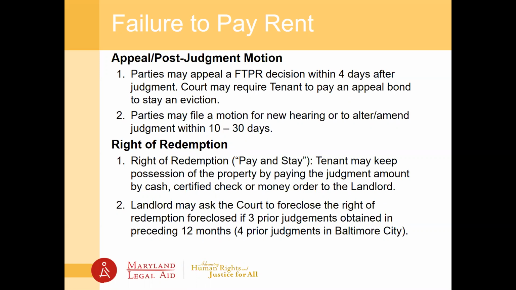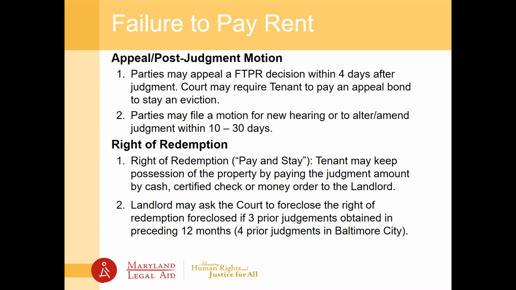Also, either party will have between 10 and 30 days in most situations to file a motion for a new hearing or to alter or amend the judgment. One of the most common things we see is where a landlord gets a judgment against a tenant, but the tenant belatedly realizes that the landlord had no license to rent, and therefore should not have gotten that judgment, in which case a motion may be an appropriate route.